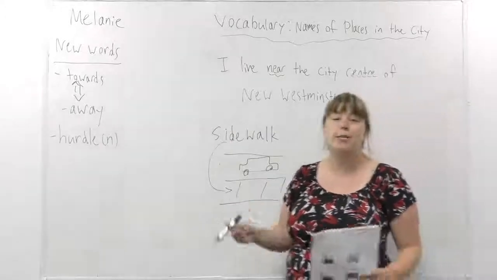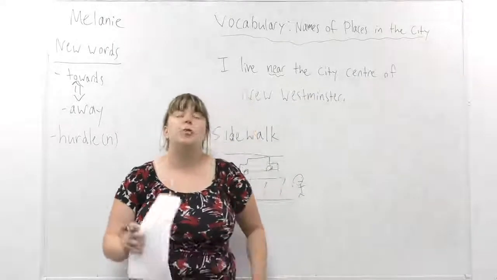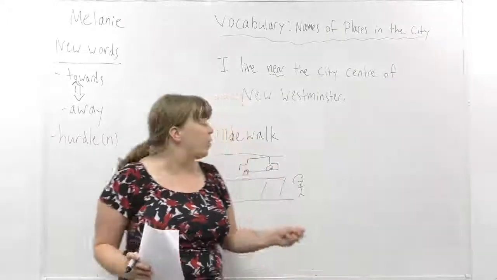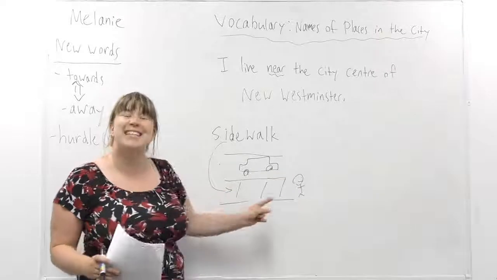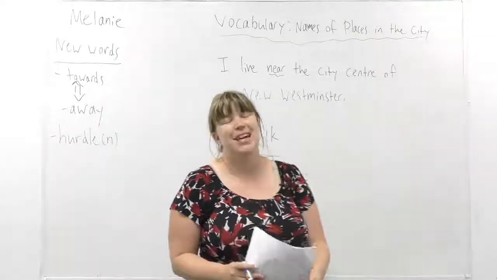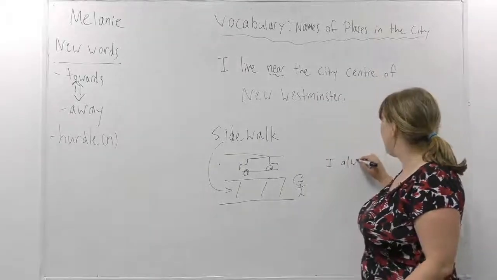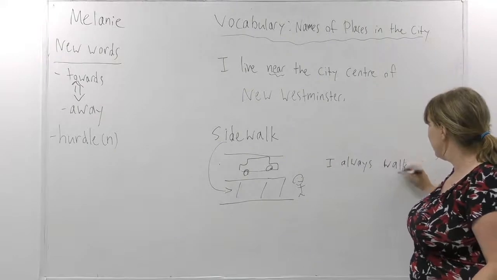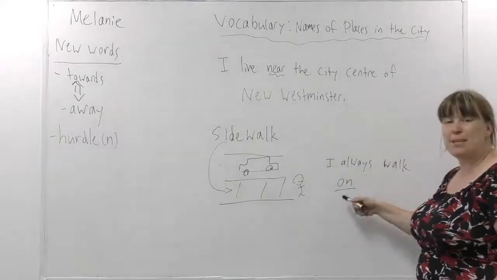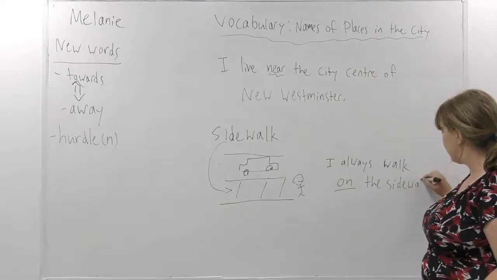So that's a sidewalk. When you are walking in the city, do you walk on the street or do you walk on the sidewalk? I hope you said on the sidewalk, because I always walk on the sidewalk. I try to walk on, preposition, the sidewalk. I walk on the sidewalk.